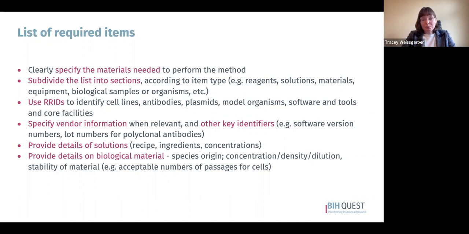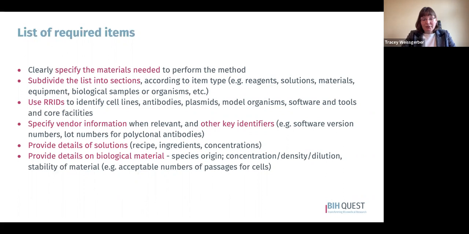RRIDs are unique persistent identifiers for research items. So it's kind of like a DOI, except for research things. You can look up RRIDs using the RRID portal, and you can also use the portal to create new RRIDs for things that don't have an RRID yet. And so I would encourage you to watch our video about RRIDs to learn more about how to use these in your list of required items.